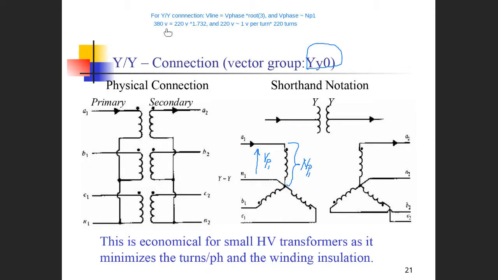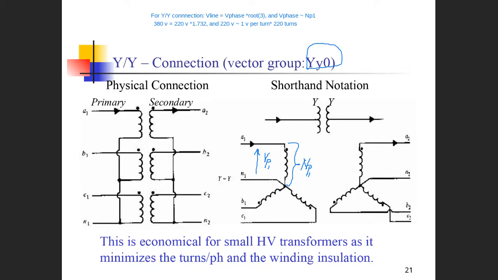For example, if the line voltage required is 380 volts, the phase voltage will be 220 volts. If we use one volt induced per turn, for 220 volts we require 220 turns.